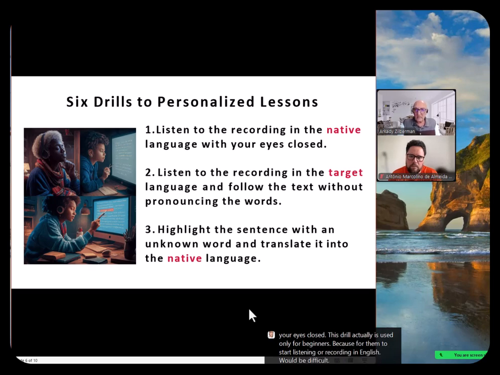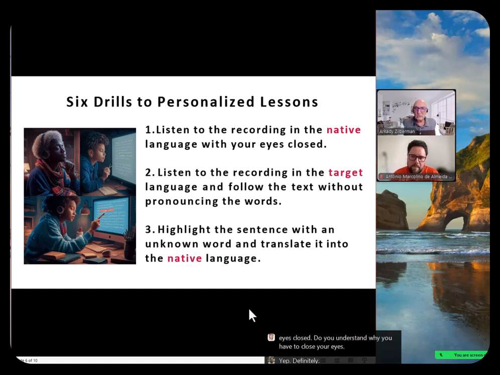They have to make the lesson on which they will work first comprehensible, understandable. So first we create the lesson in the native language, and you just listen to the recording with your eyes closed.